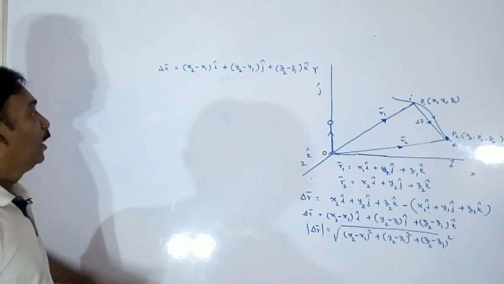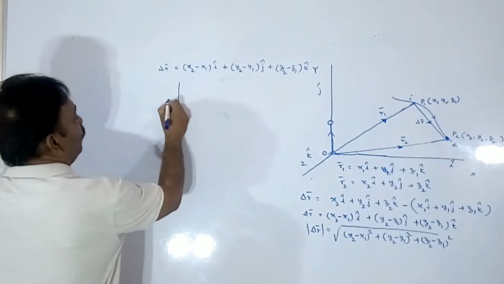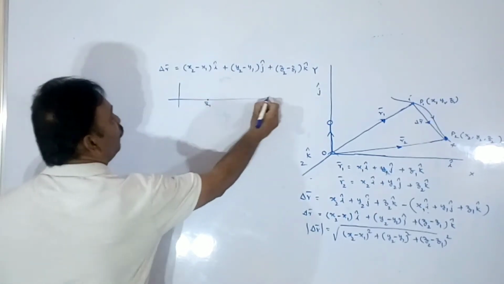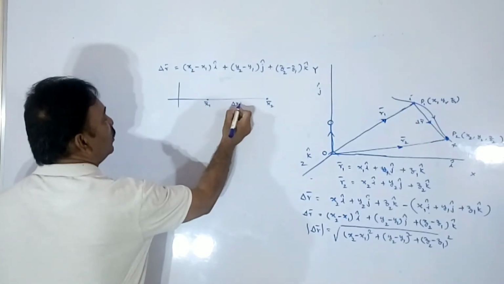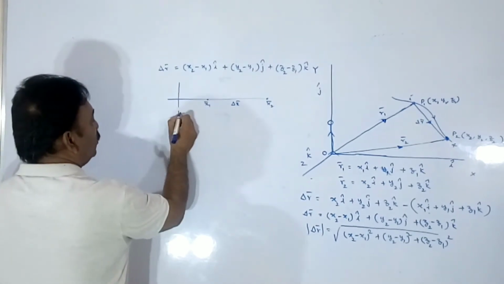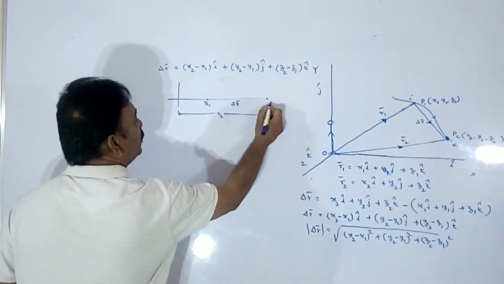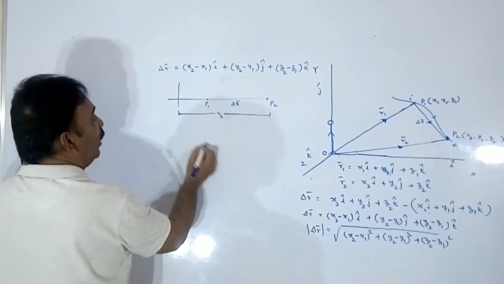Here, the change in position of the particle, say it is x1 and it is x2. Here the change in position can be had as x2 minus x1. Say it is position p2 and position p1.